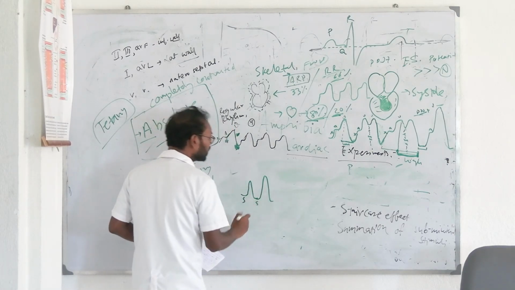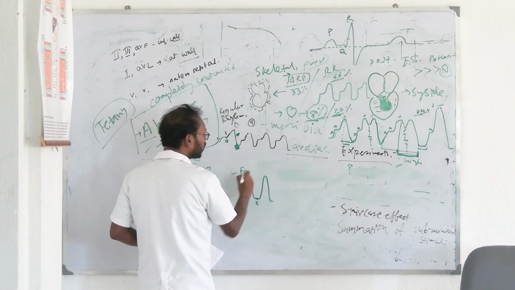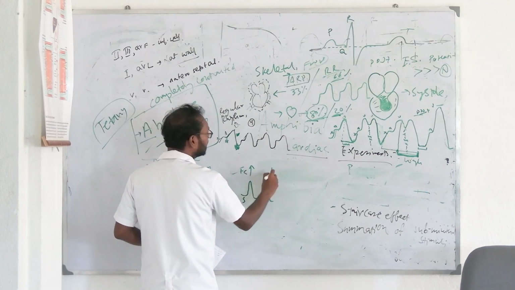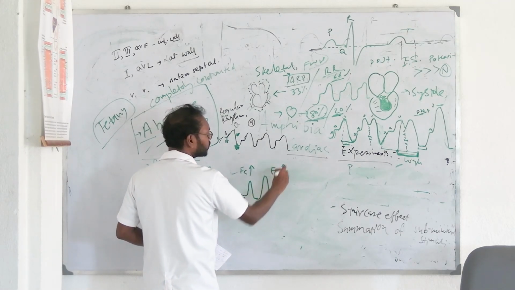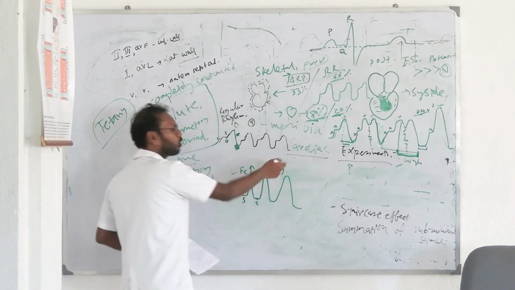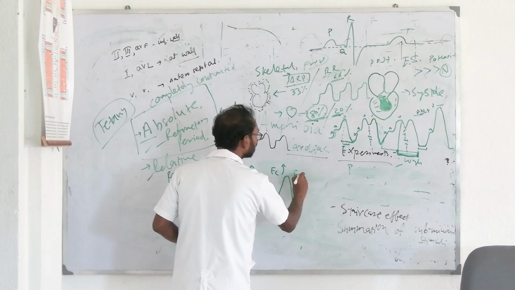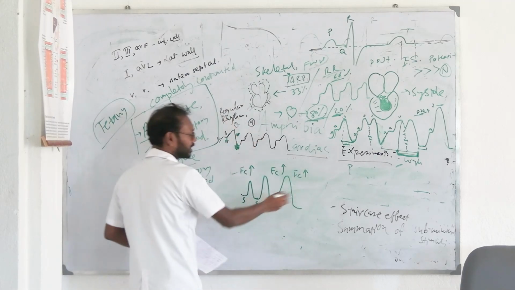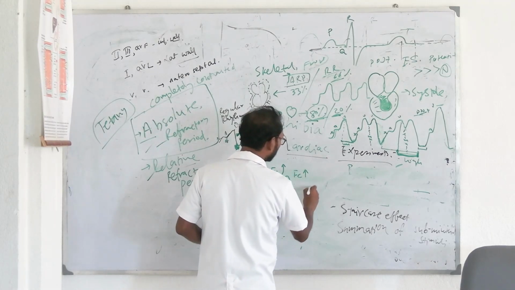Again there is a stimulus, so in every case the force of contraction is getting increased. In this case the force is more, in this case the force is again more. We are increasing the force of contraction continuously, but after some time it will come to a plateau.